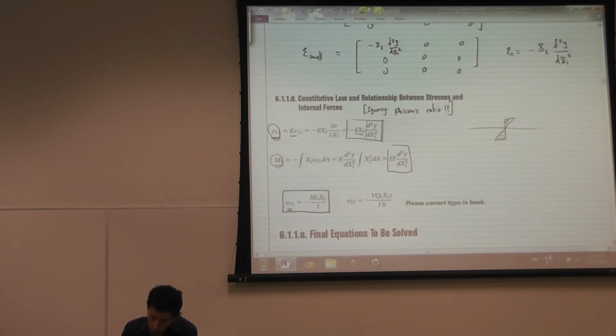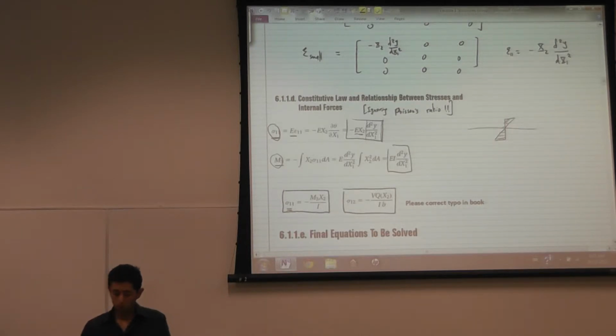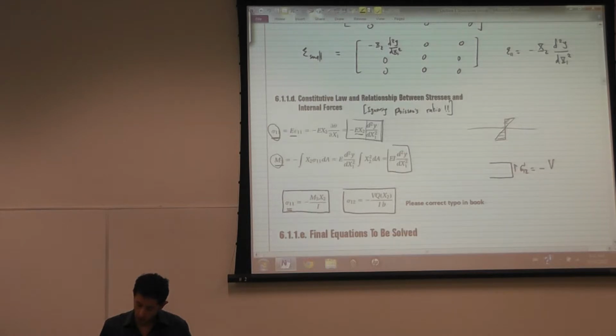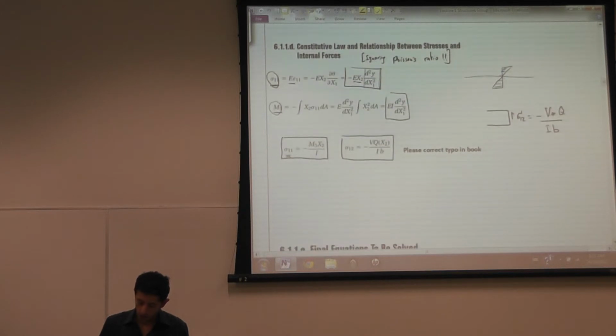And similarly, using integration, you can show that sigma 1, 2, or the shear on the cross section, is equal to negative V multiplied by Q, divided by I, divided by B, where I is the moment of inertia of the cross section and B is the thickness of the point under consideration.